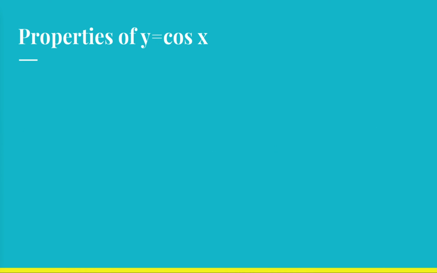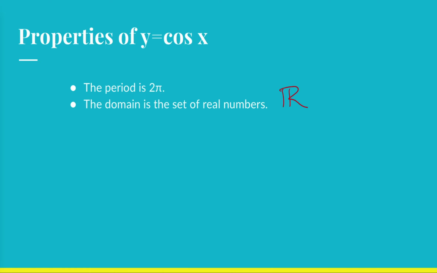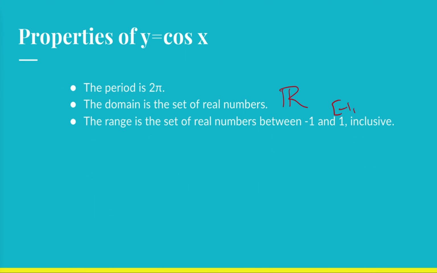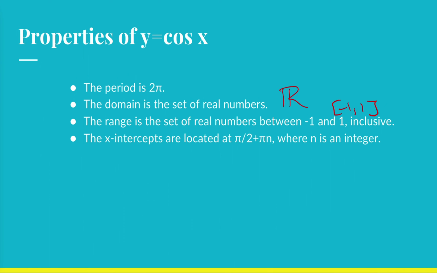Y equals cosine x has a period of 2 pi, just like with sine. The domain is the set of all real numbers. The range is from -1 to 1, inclusive, just like with sine. The x-intercepts are located at multiples of pi plus pi over 2.